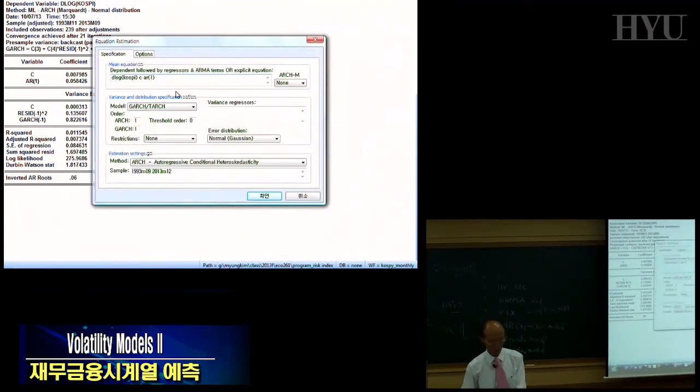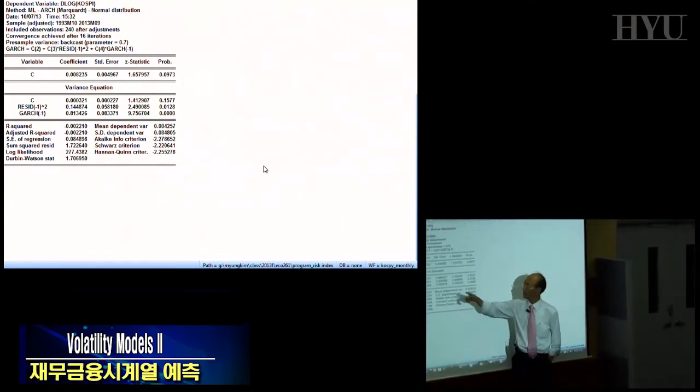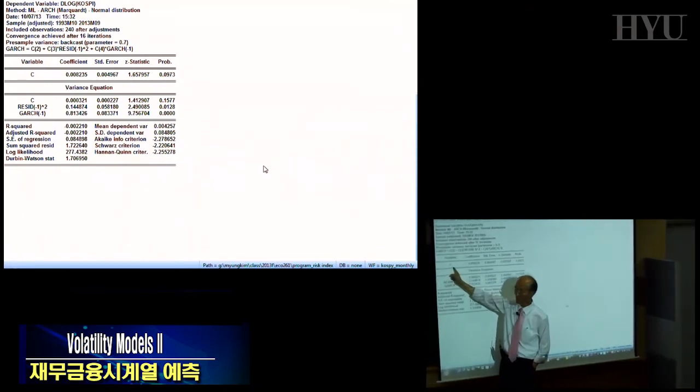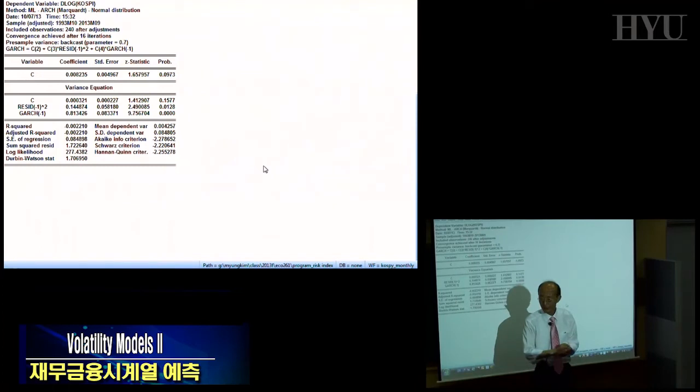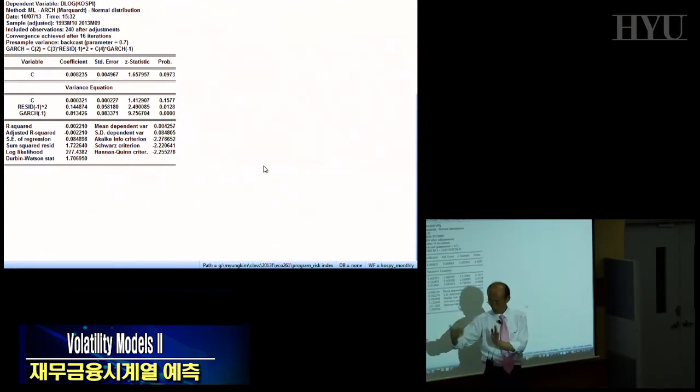So let me try again here. Let's get rid of this AR part. You see, if you are including, let's say, this AR1 coefficient, not significant. But when we talked about ARIMA modeling, we can keep some insignificant lags in your model.